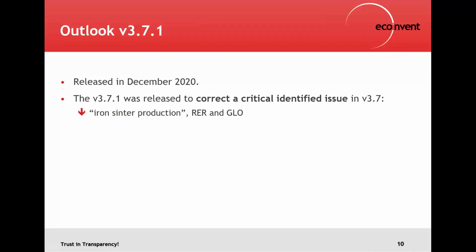The issue relates to iron sinter production activities in Europe and the global version. They contained a mistake in the estimation of the emissions of particulate matter and dioxins. Because this dataset is very central in the iron and steel supply chains, and because the iron and steel supply chains are very central in the database, the impact of the error in terms of affected supply chains was, to start with, very big.